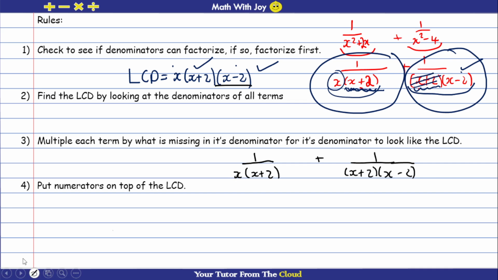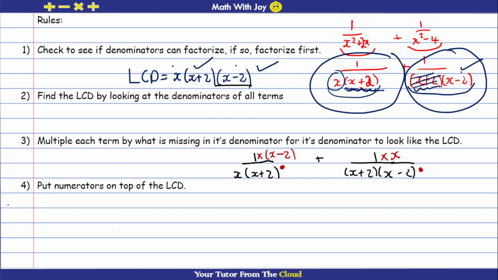I'm going to multiply the numerator, say 1 multiplies the bracket x minus 2, because that's what's missing for the denominator to look like the LCD. And you will do the same thing here. You multiply this by x, because that's what's missing here for that denominator to look like the LCD.